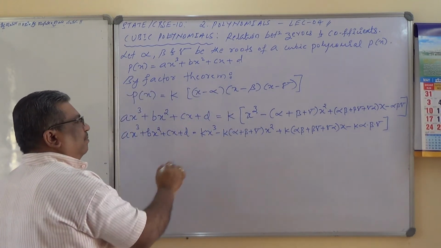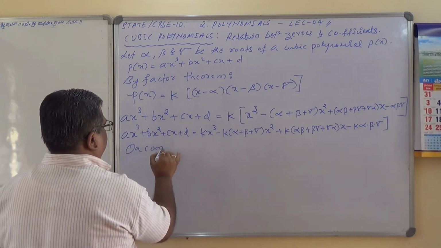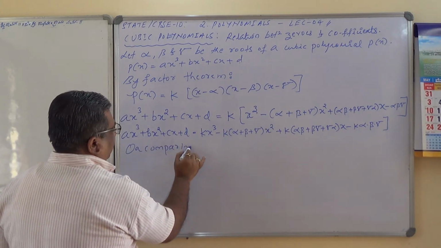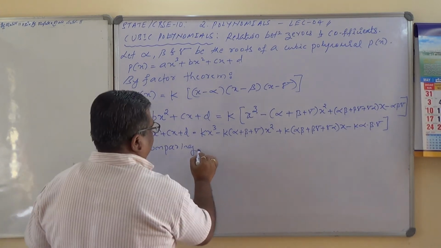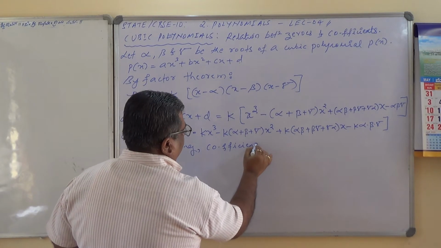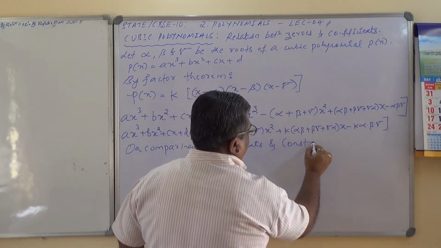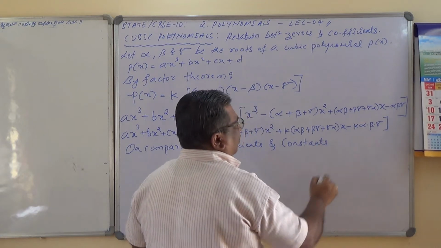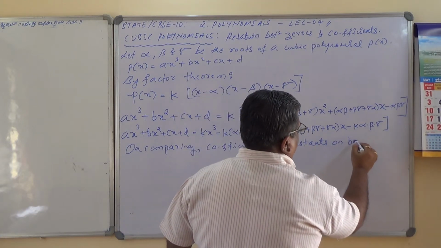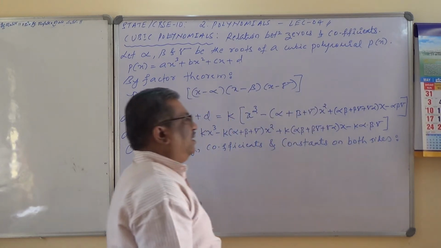On comparing coefficients and constants on both sides, what do we get?